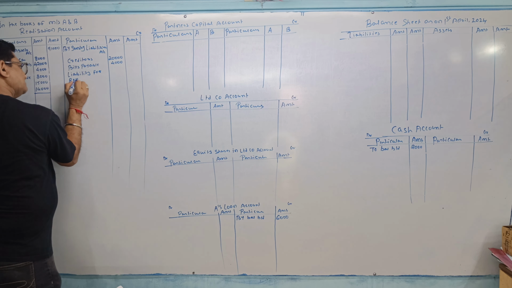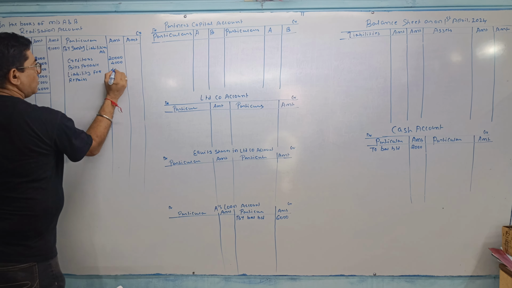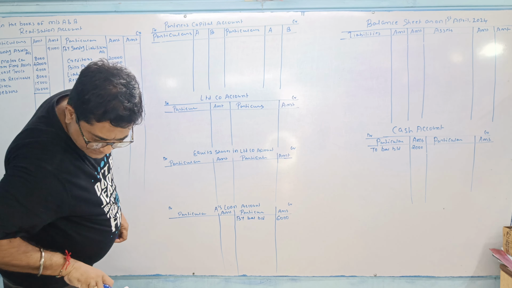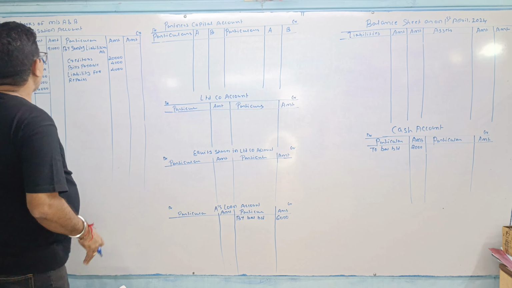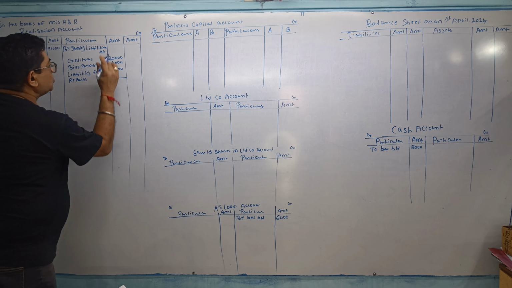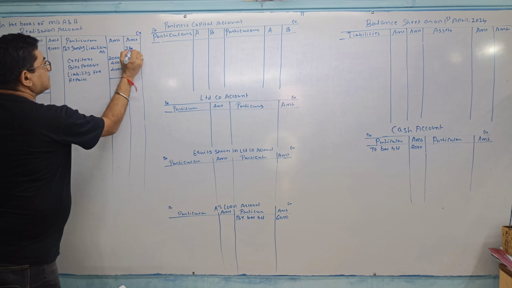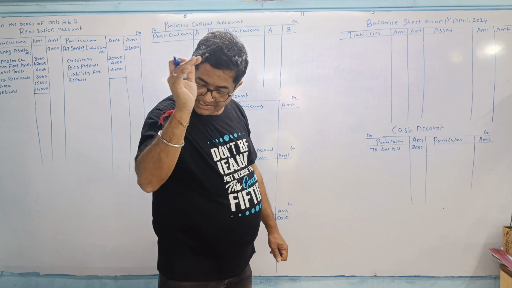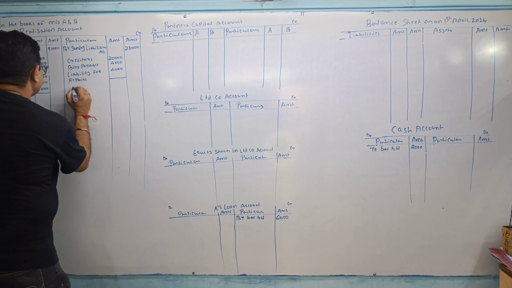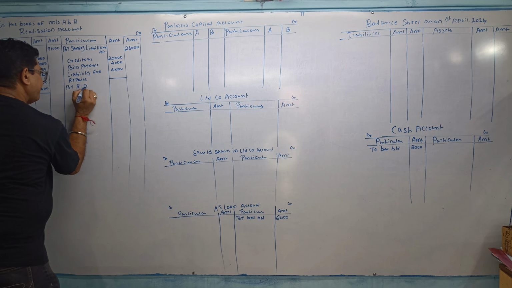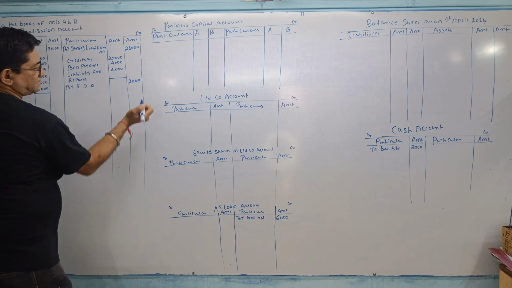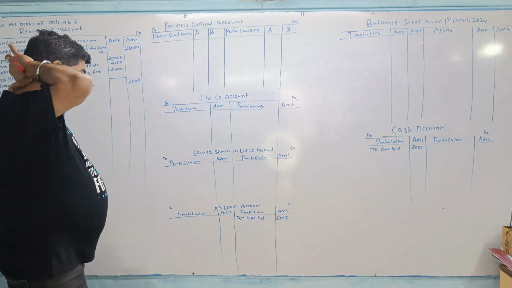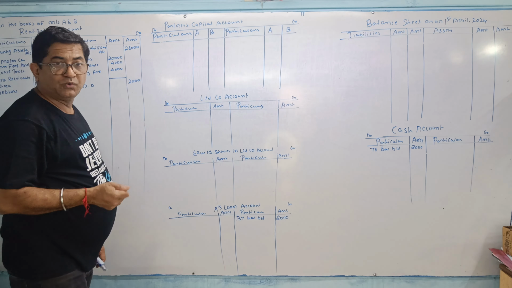So 20 and 4 or 8, 28,000. उसके बाद में see RDD is given, debtor less RDD. So by RDD 2,000. Right? Okay.